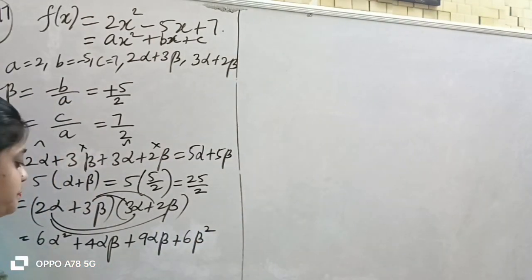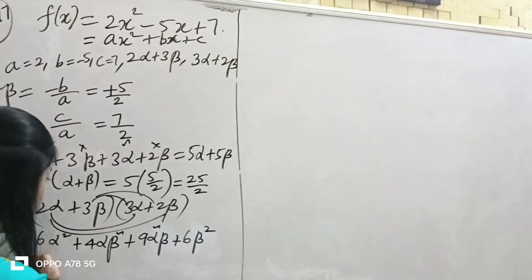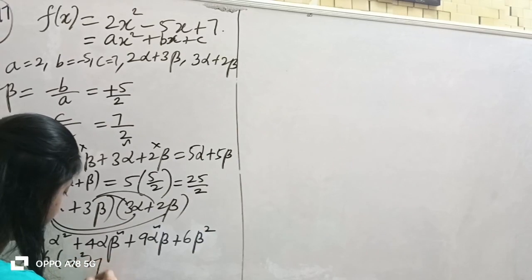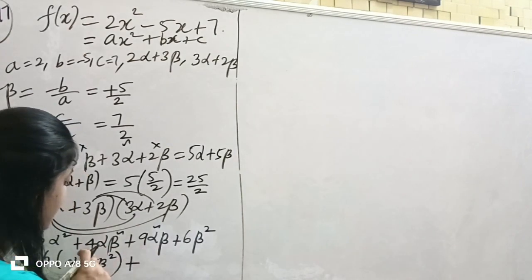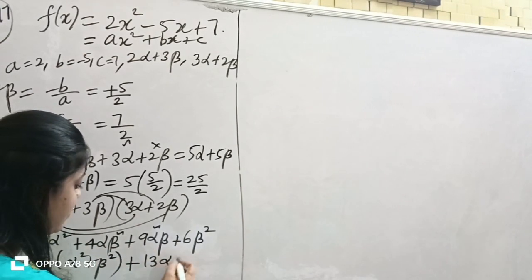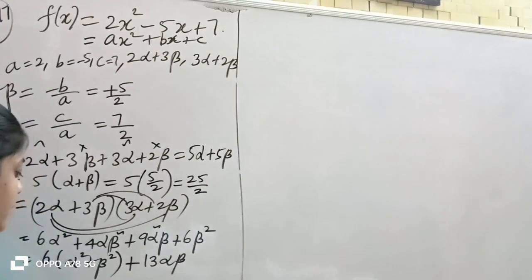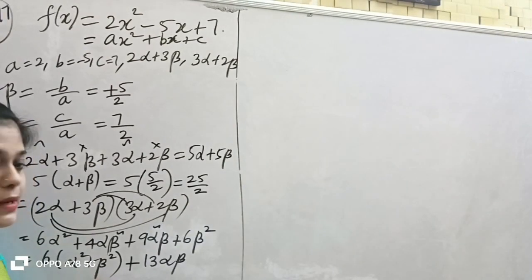Very clear now? Like terms can be added. Taking 6 as common for alpha square and beta square, 9 plus 4 is 13 alpha beta. Now we know the alpha beta value, but we don't know alpha square plus beta square.